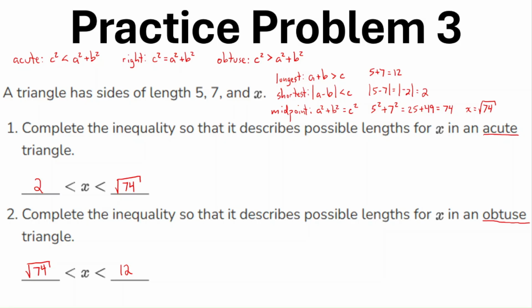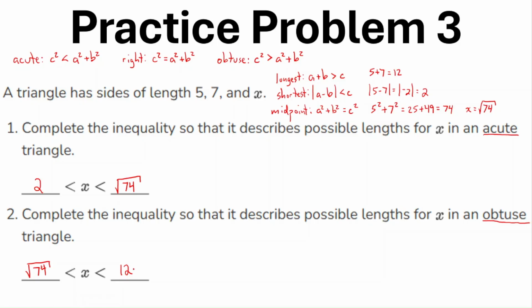And then anything bigger than the square root of 74, but smaller than 12, and I'm going to have an obtuse triangle. And then if that missing length is 2 or less, then it's not going to be long enough to reach 7 and still have anything left over to pop out and make a triangle. So we don't have a triangle if it's 2 or less.